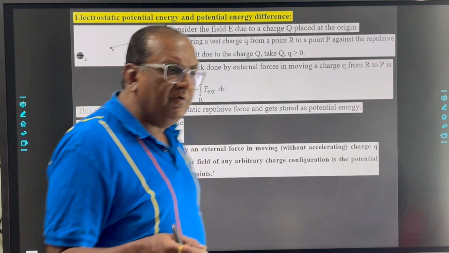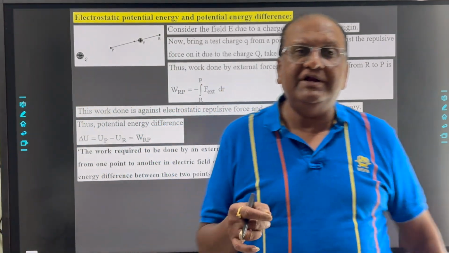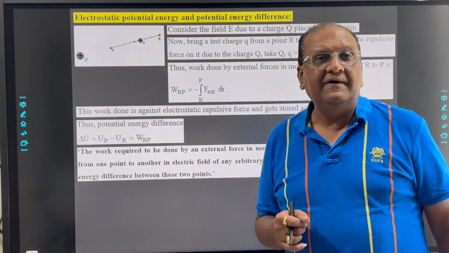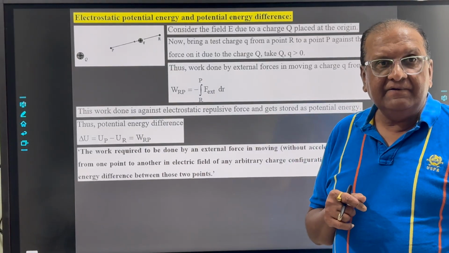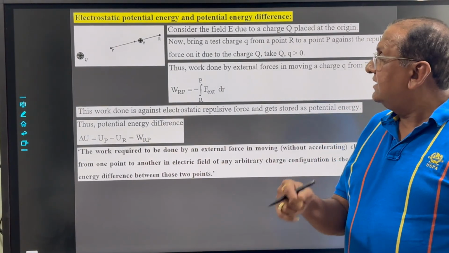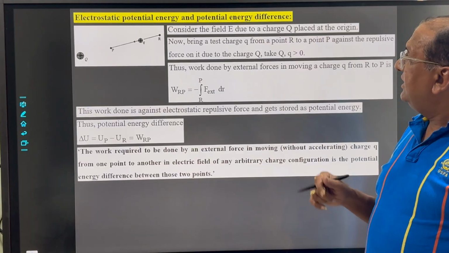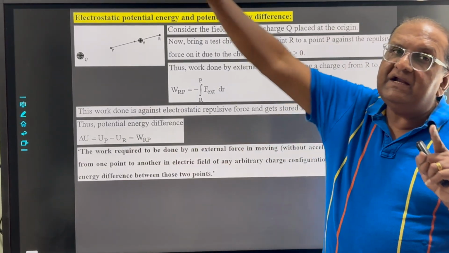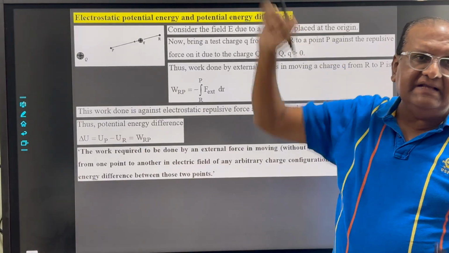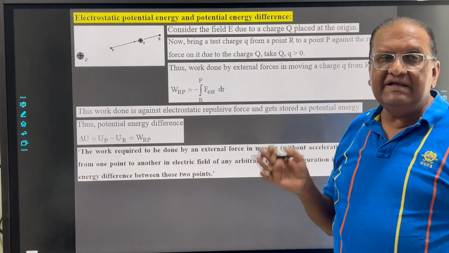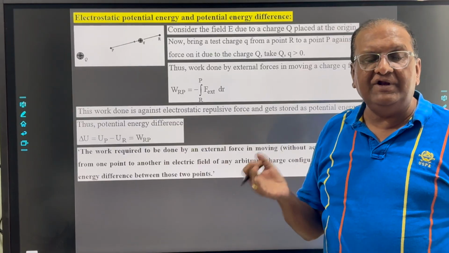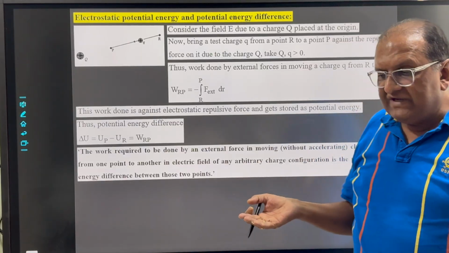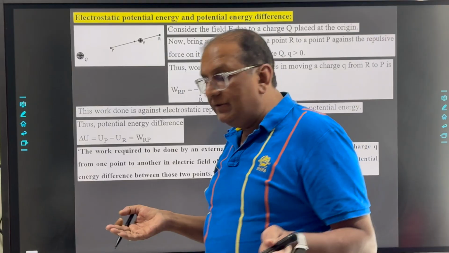But here if you want to find the absolute value of the potential energy at any point, then the convenient way is to consider the value of the potential energy at infinity to be 0, because we consider that at infinity the electric field of any charge distribution is 0.